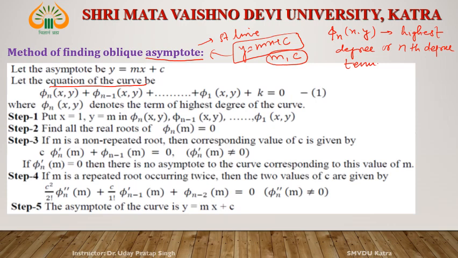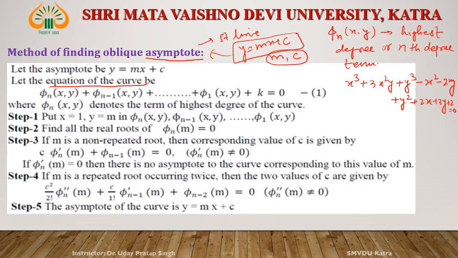For example, suppose this curve is given: x cube plus 3x square y plus y cube minus x square minus 2xy plus y square plus 2x plus 3y plus 2 equal to 0.